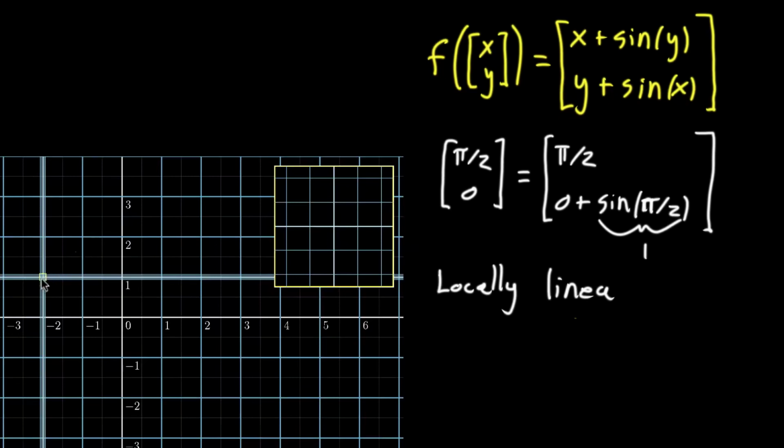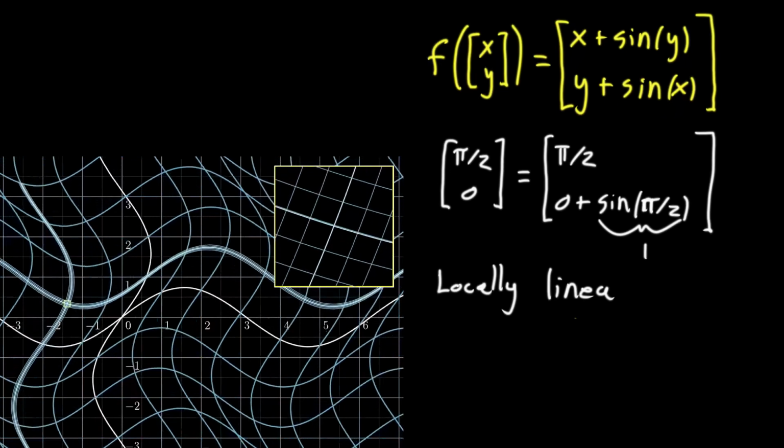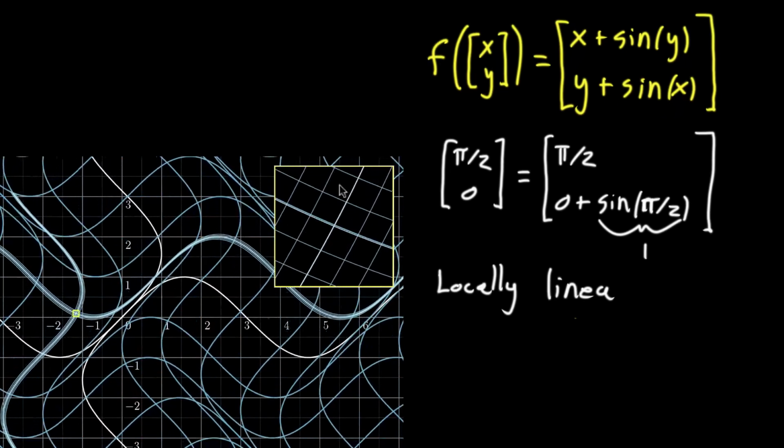So this time when I play it, and that zooming in box kind of tracks the point that we're looking at, as it goes, the neighborhood around it, all of the points around it, really, really do look like a linear function. And the more you zoom in, the more it looks precisely like a certain linear function. Oh, I guess I should have written an R over here. Locally linear.